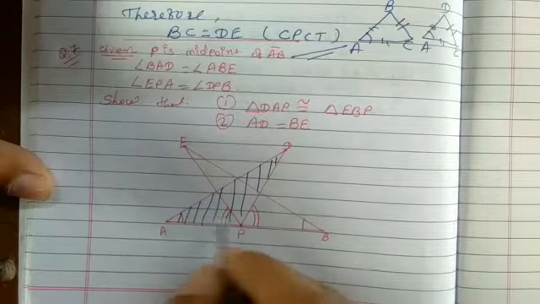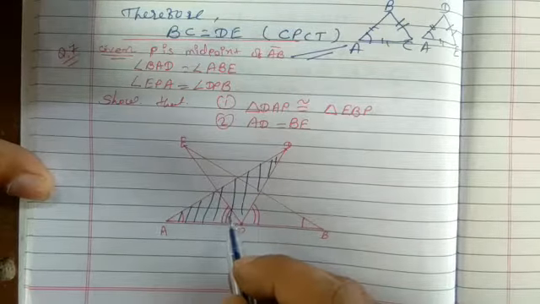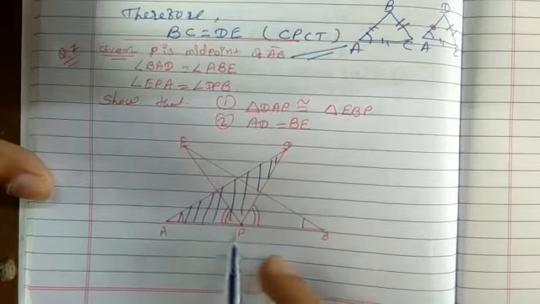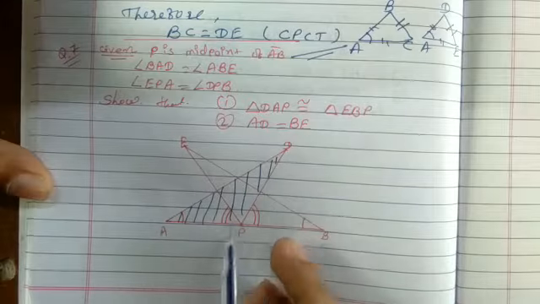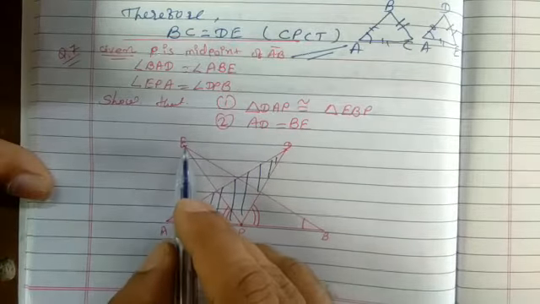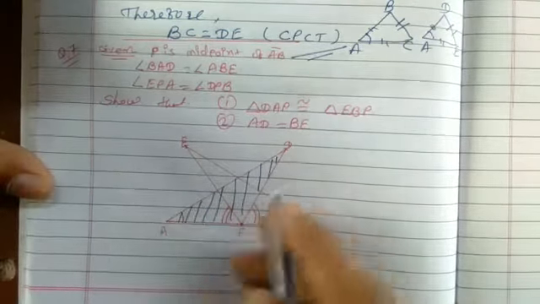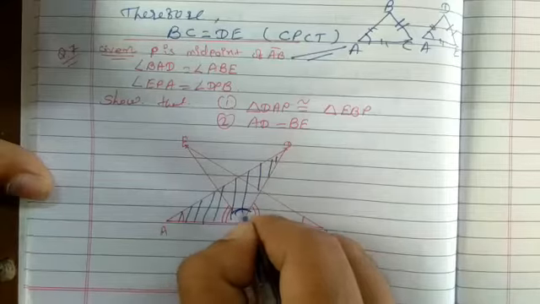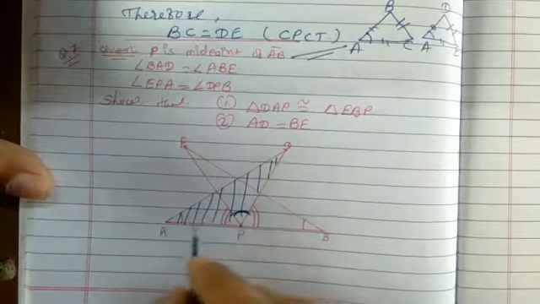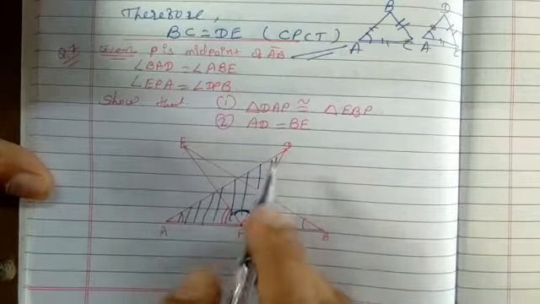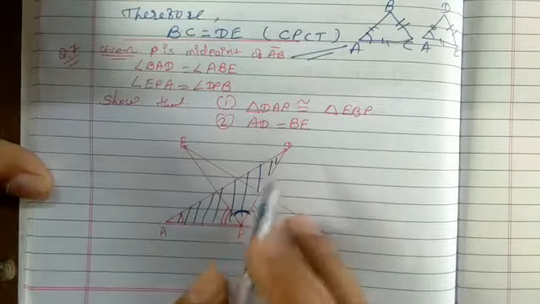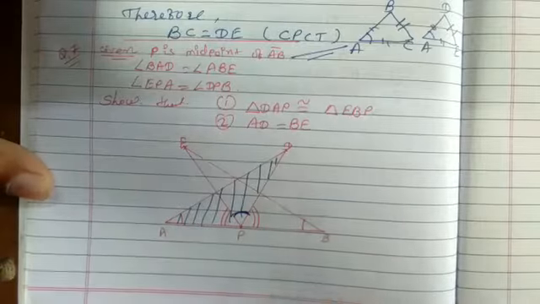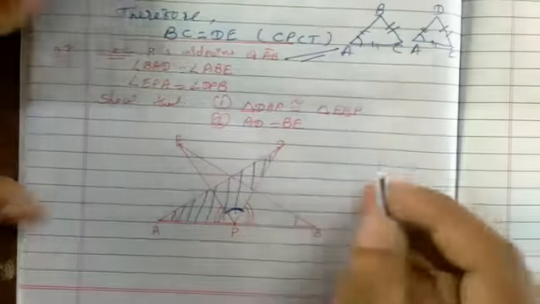So look at here, suppose we add angle of EPD, that means this angle, okay. If I add this angle in our angle APE, then we will find out angle of APD. Am I right?